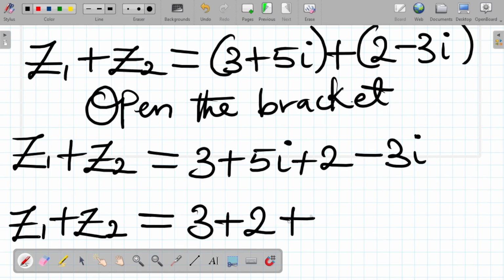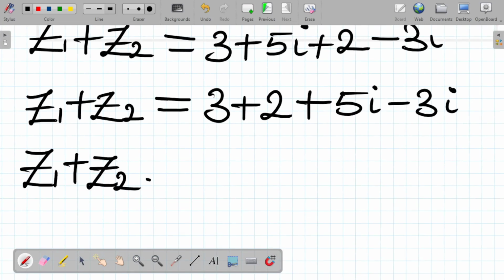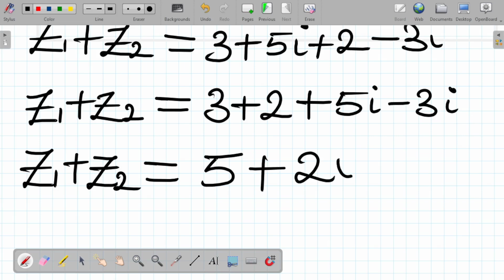And then for the imaginary part, we have 5i minus 3i. So z1 plus z2 is equal to 3 plus 2 is 5. And then 5 minus 3 is 2. So we have 5 plus 2i. So this is our final answer.